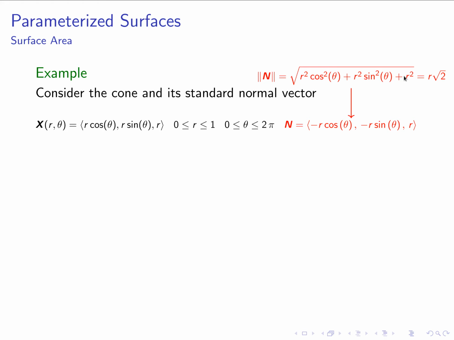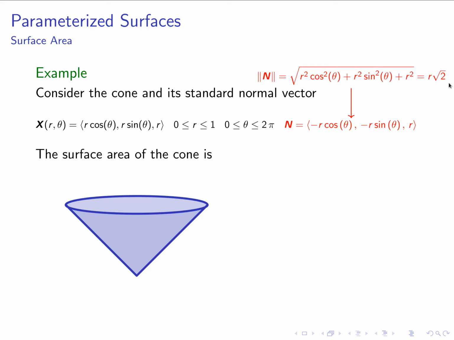When we sum everything up under the radical here, we get 2r squared, and when we take our square root, we get little r times root 2. So now we're looking at the top part of our cone, where the cone terminates when the radius is 1, which is the same as z equals 1 here.